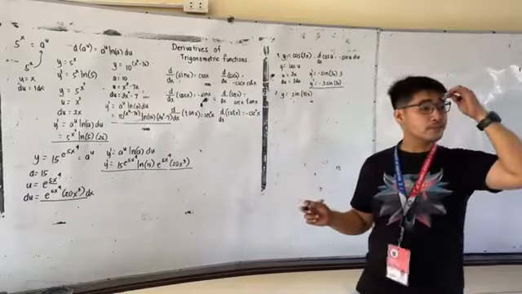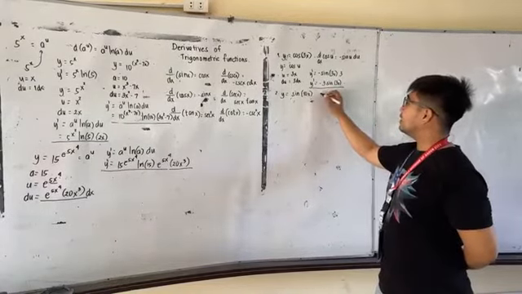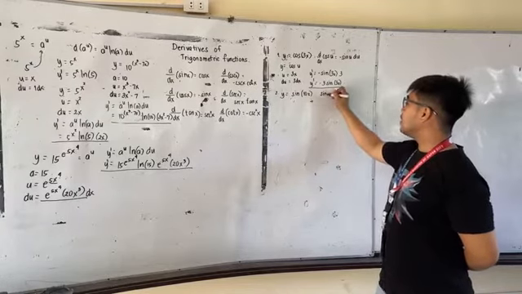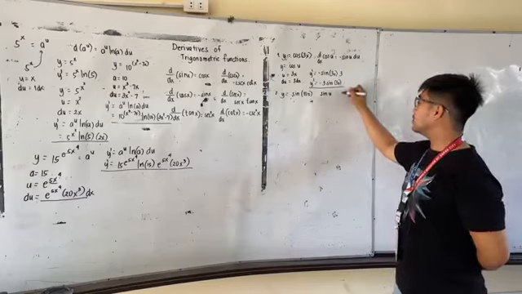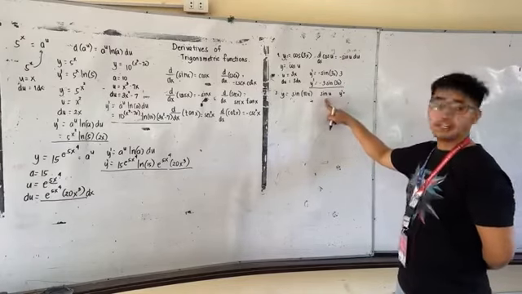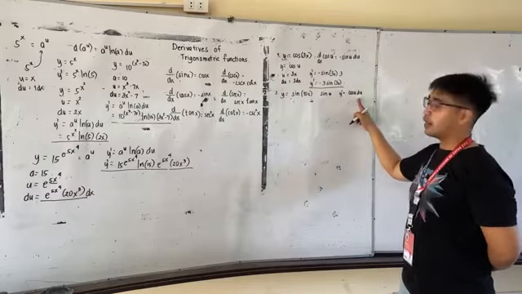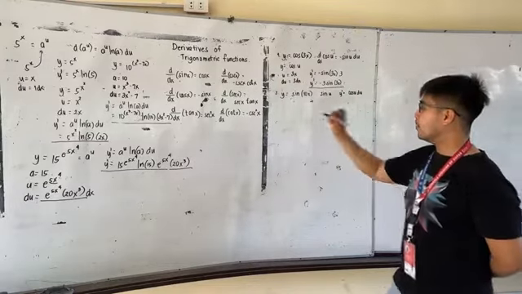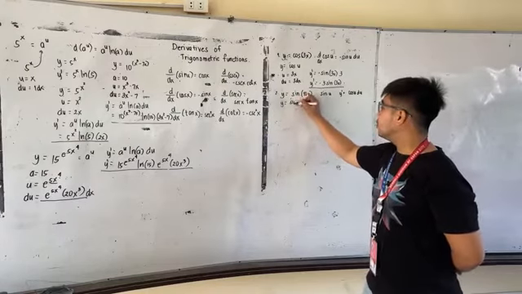Okay, therefore, let's identify. It takes the form of sine u. Is this clear? Therefore, what is the derivative of sine u? The derivative of sine u is cosine u du. Are we clear? Okay, therefore, write down y is equal to sine u.